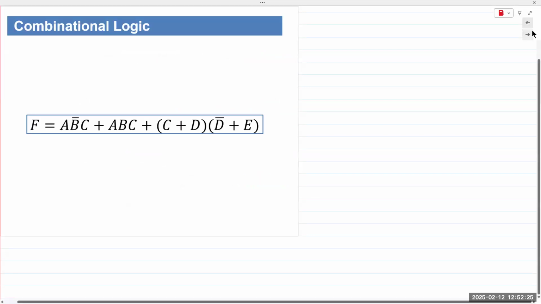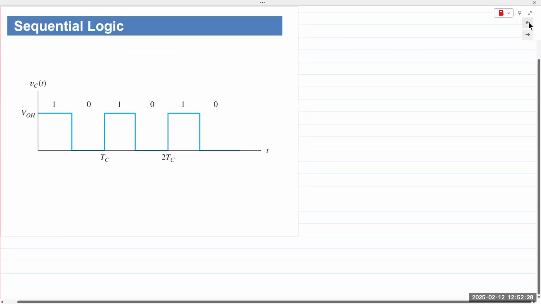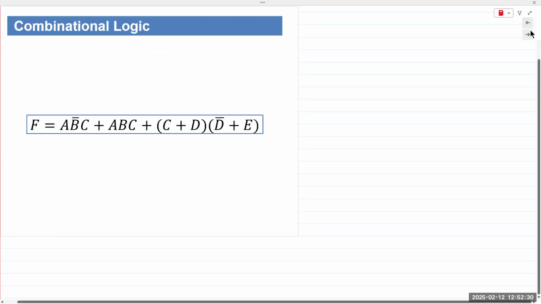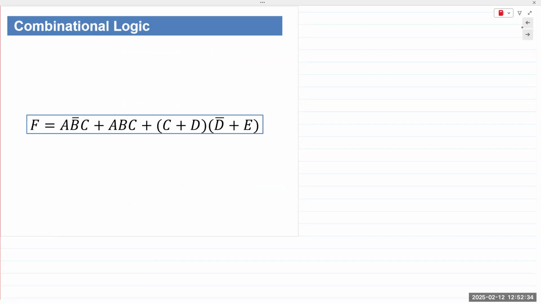All right. Then I want to bring up, we won't go too deep into these today, but I just want to talk about combinational and sequential logic. Combinational logic is basically designing logic systems using different combinations of logic gates.